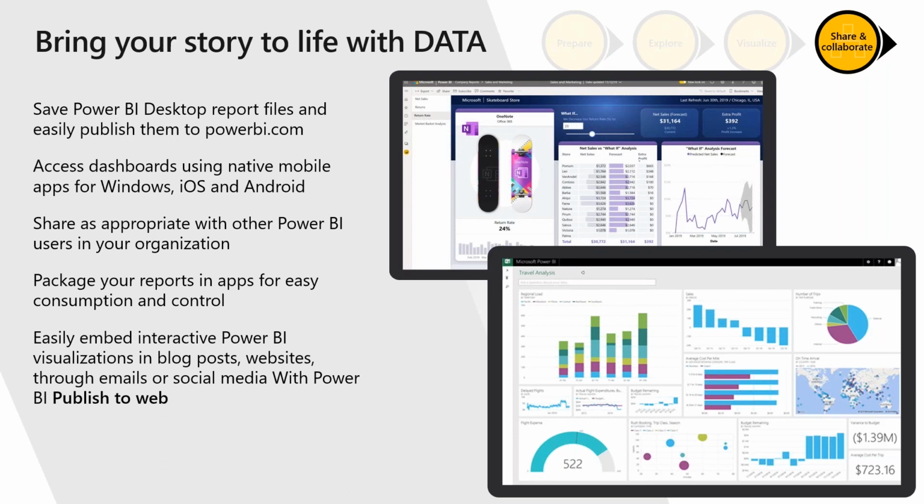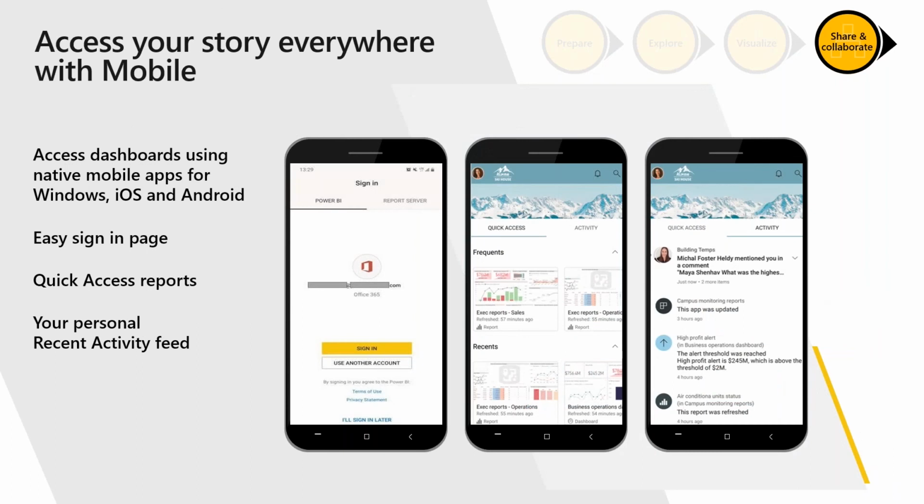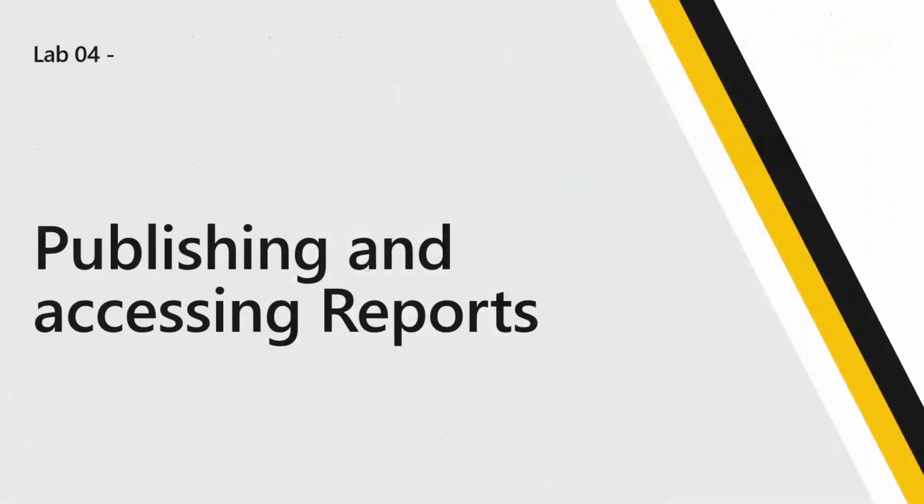It's a slightly different licensing model from just the Pro users, but you can also embed Power BI visuals in websites and blogs for public and anonymous access. So there are quite a lot of options in how you can bring your story to life with Power BI. Like I said, you can access your story with mobile devices, and we'll get into how to format those here in just a little bit.